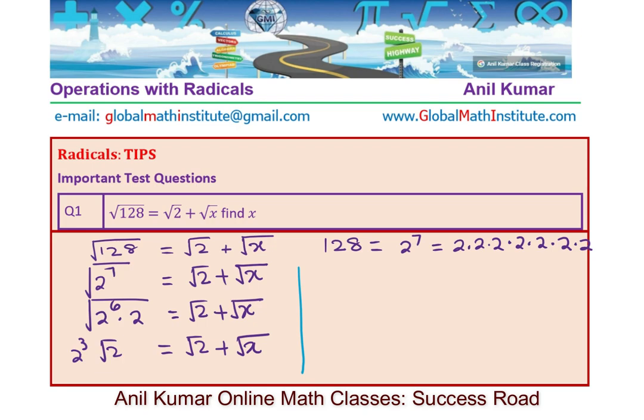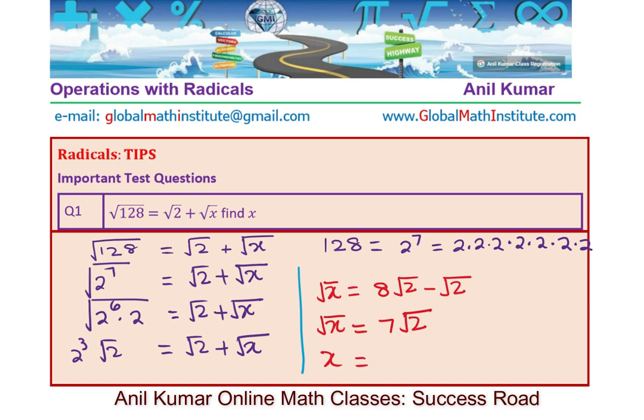So you can say the square root of x basically is equal to 2 cubed is 8, right? 8 square root 2 minus square root 2. Makes sense, right? So square root of x is equal to 7 square root 2. Perfect. Now what is x equal to?